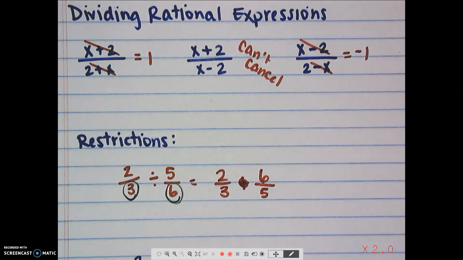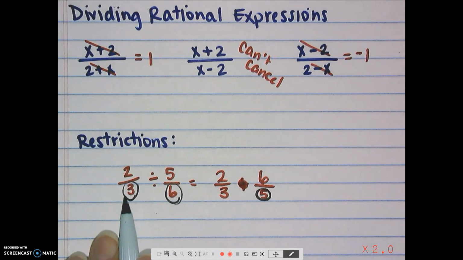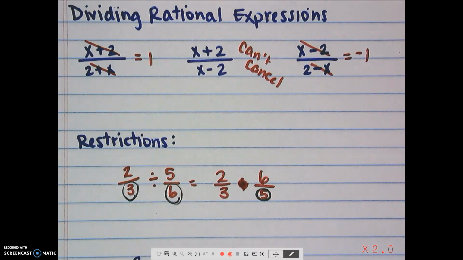We keep that first fraction the same and the second one becomes flipped and we multiply. So that means that we're now looking here. So 3, 6, and 5, bottom, bottom, top, is where we would be looking for restrictions. Bottom, bottom, top. The only place you don't look for restrictions is in the numerator of the first fraction.